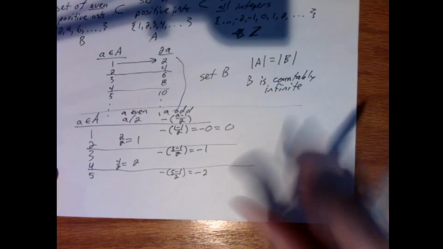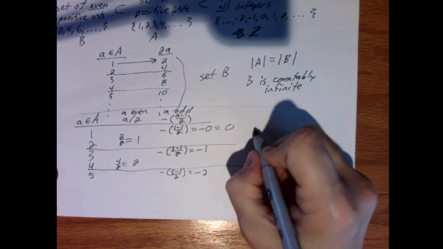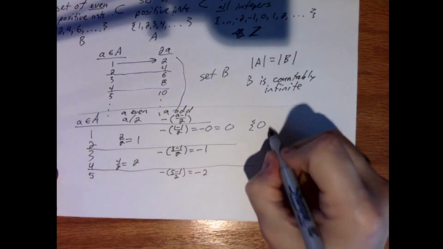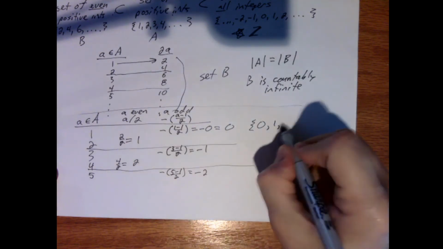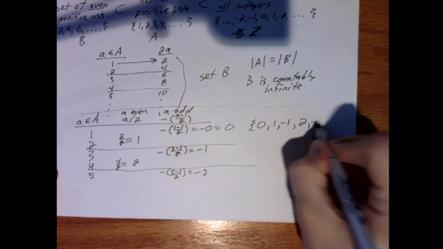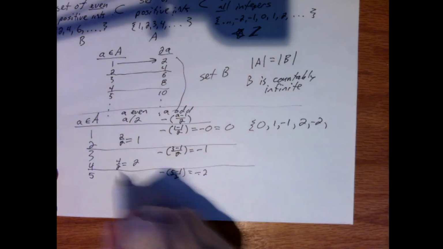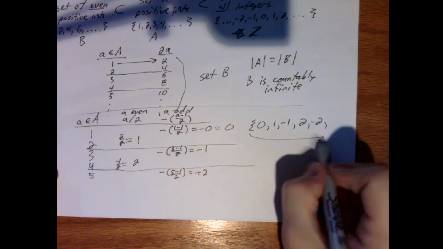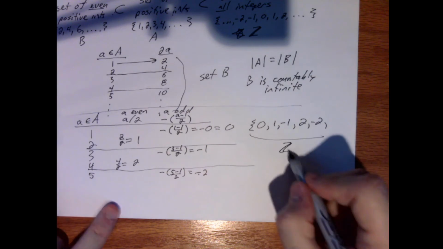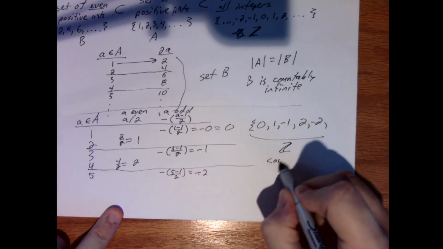I just need to be able to represent everything there. So what I'm producing here is this set: 0, positive 1, negative 1, 2, negative 2, and then you can see how I'm just continuing. So this right here is the set of all integers, which means the set of all integers is countably infinite.